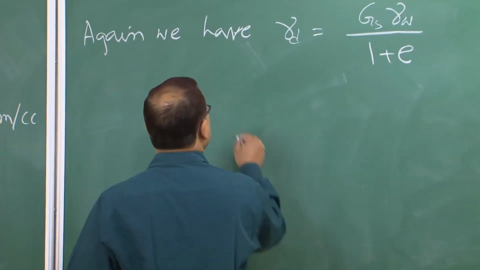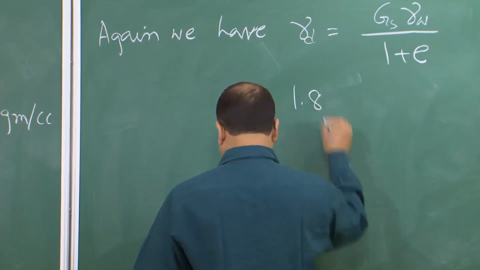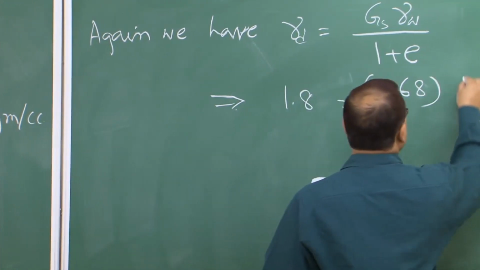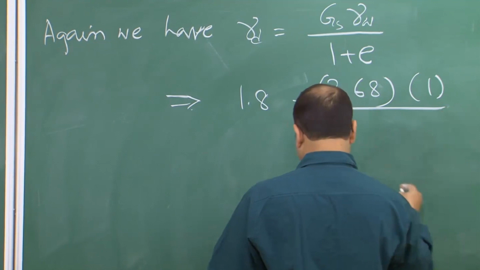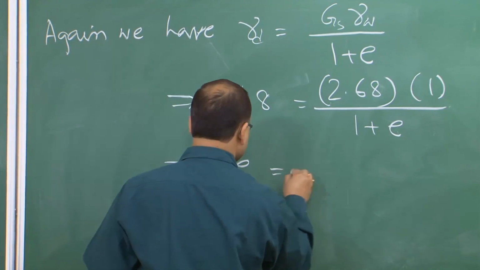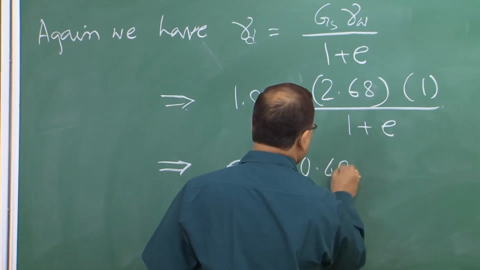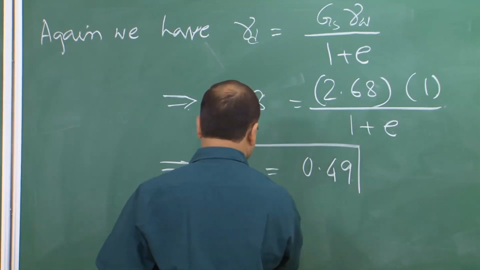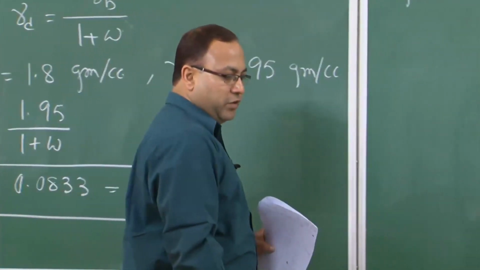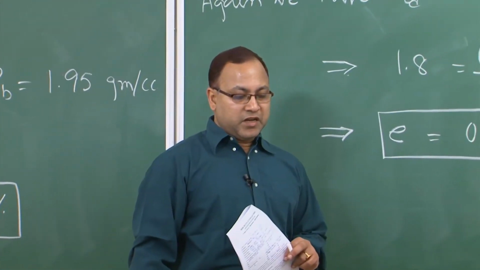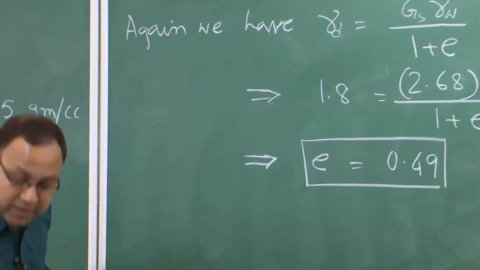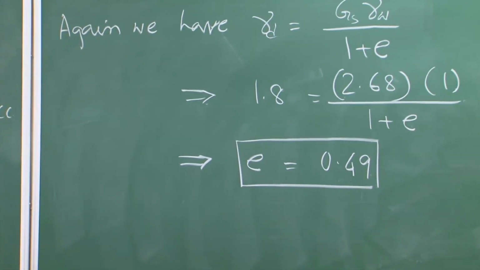In this expression, if you put the values, 1.8 is equal to 2.68, which is given in the problem, times gamma W, which we consider as 1, by 1 plus e. From this expression you will get e equal to 0.49. So the void ratio of the sample is 0.49. We have determined two things, the void ratio as well as the moisture content. Now, the degree of saturation, that is S. The degree of saturation is related by this relation.